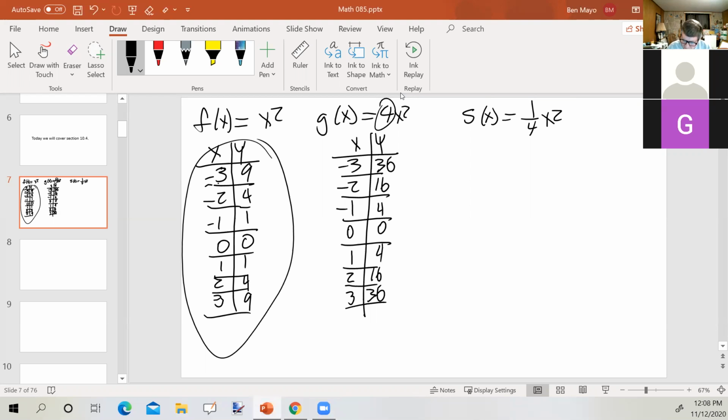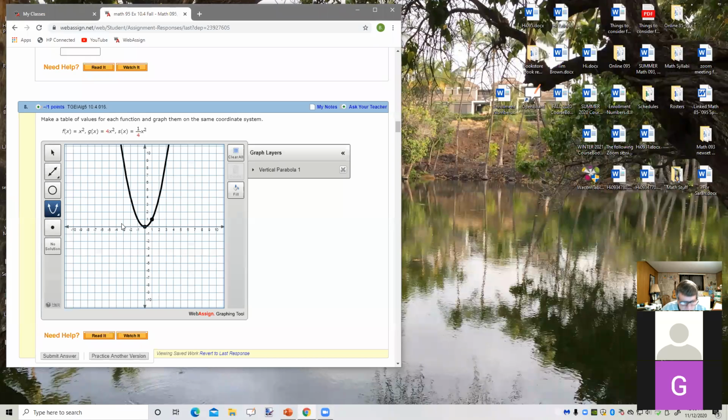For Webassign, all I need is the vertex and one other point, so I don't have to find the whole table. I would find the vertex and then go one integer value to the right or the left. So if its vertex is at (0, 0), I might choose 1 or -1. Now let's come back here and click on that. We're going to go (0, 0) and (1, 4). Any questions there?